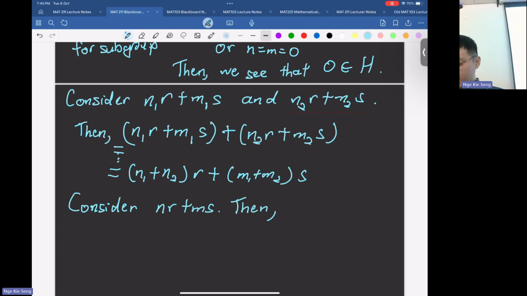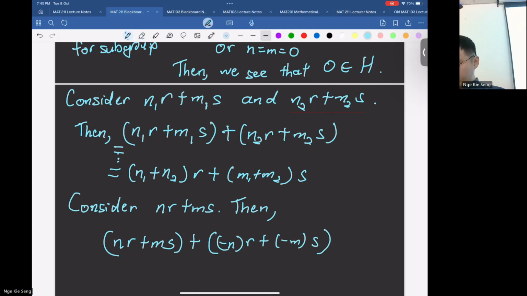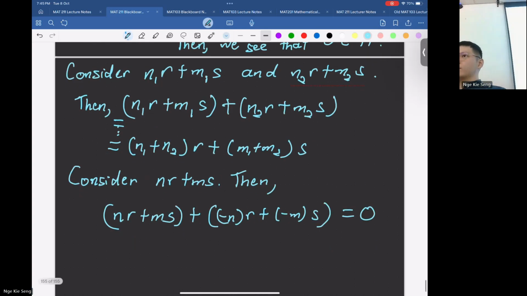Then we see that nr plus mx plus minus n times r plus minus m times x should be 0. And then you need to check the other direction. Does it make sense?